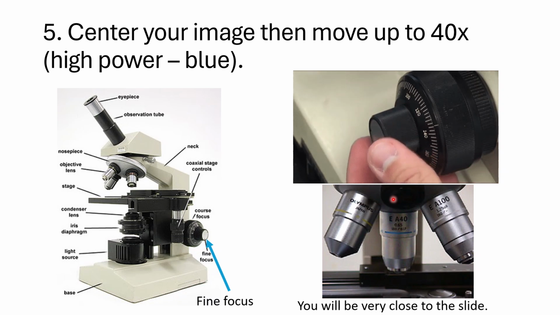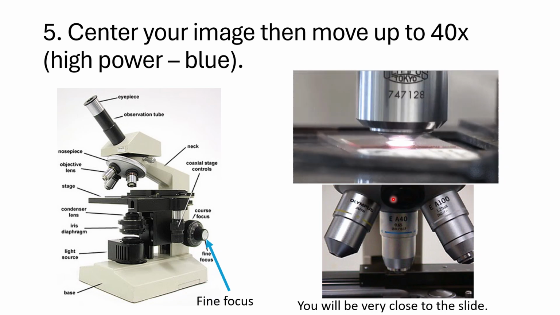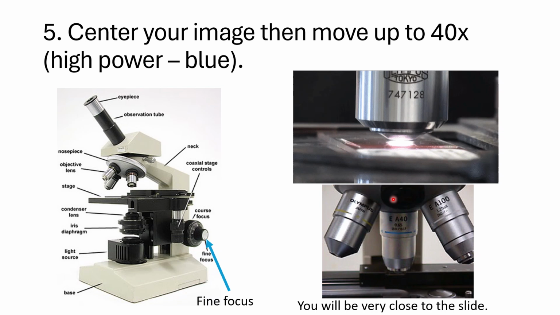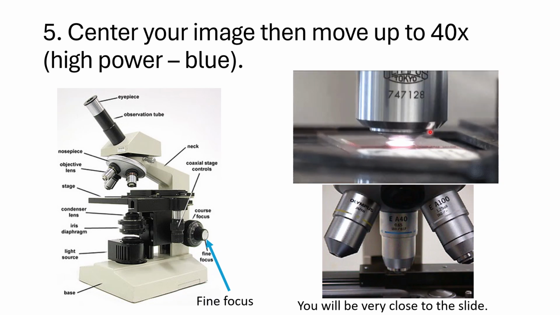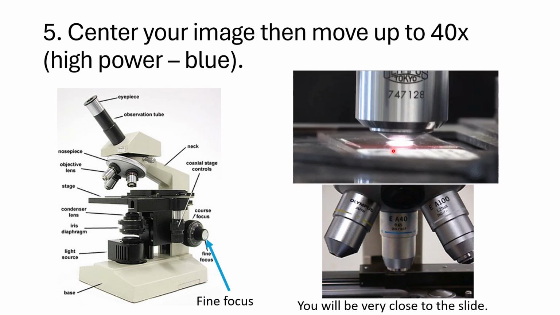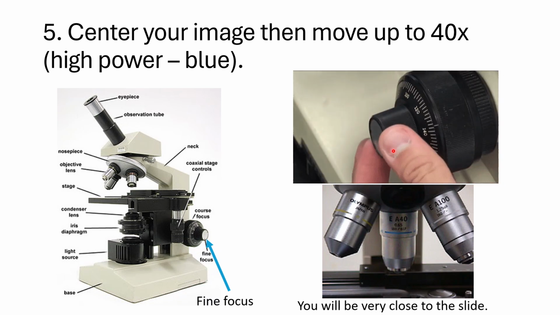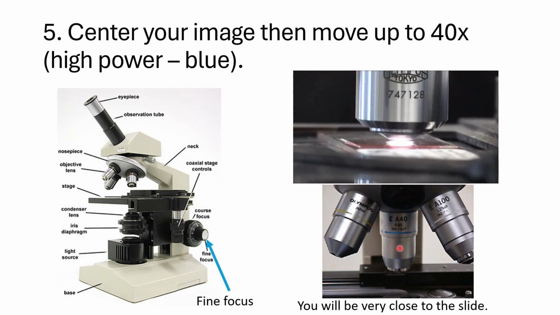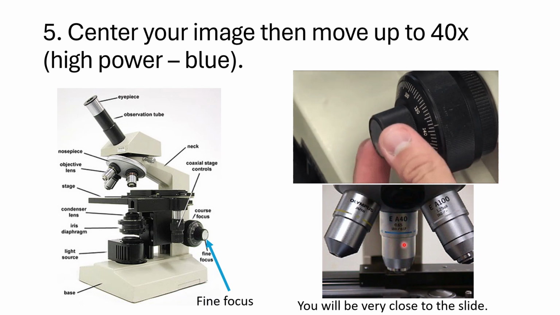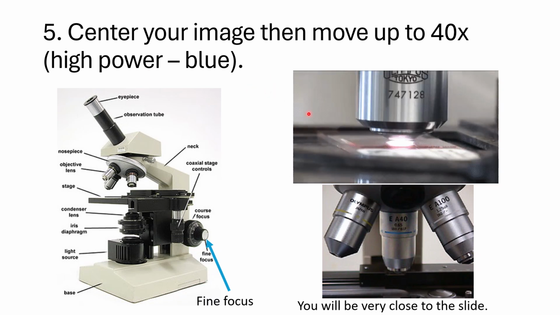If you go up to 40x and you are turning that fine focus dial over and over again and it's not getting clear, take a step back and take a look at the closeness of that objective lens. It should be sitting right on top of your slide. If there is a large gap between the 40x objective and your slide, go back to low power, refocus, and try again, okay?